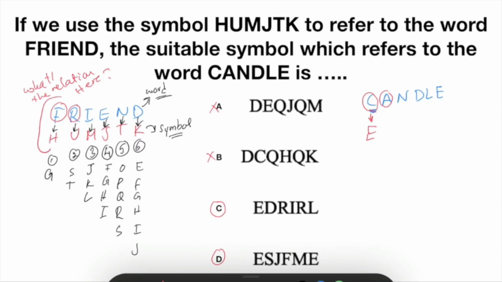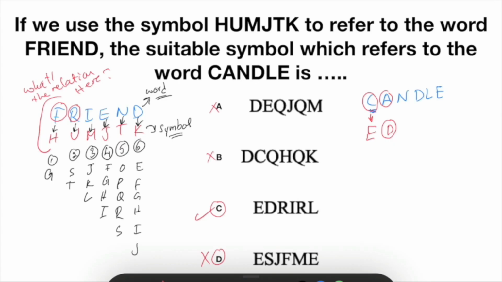In the case of R, it jumped 2 letters, which are S and T, to reach U. So if we did the same with A, it will jump B, C, and it will reach D. Okay, that's enough to know the right answer. So our symbol, the symbol the question asks me about, starts with E and D. So the choice D will be wrong, the choice C will be right.